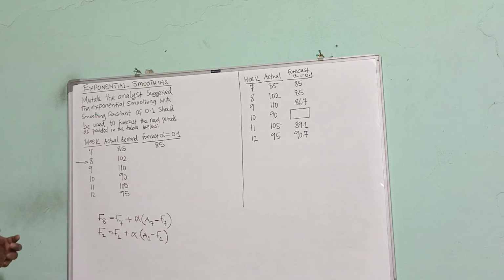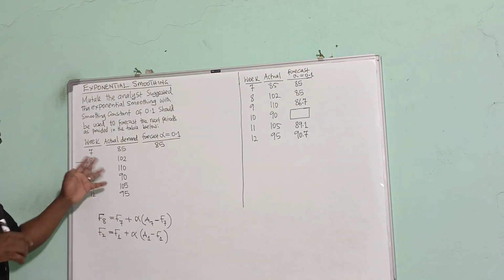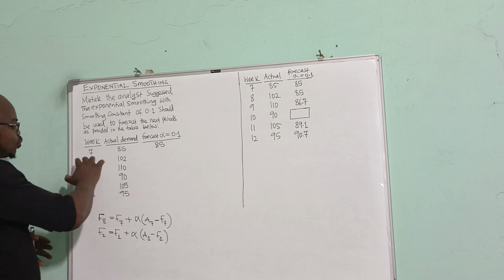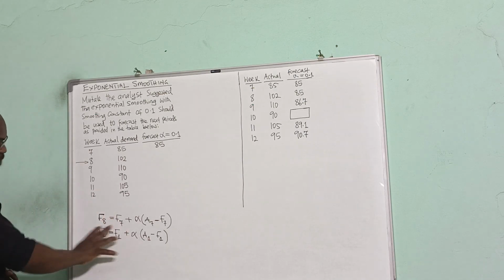What do I mean now? Whenever you're forecasting for a period, you need to look at the values for the previous period, and the formula is very simple.